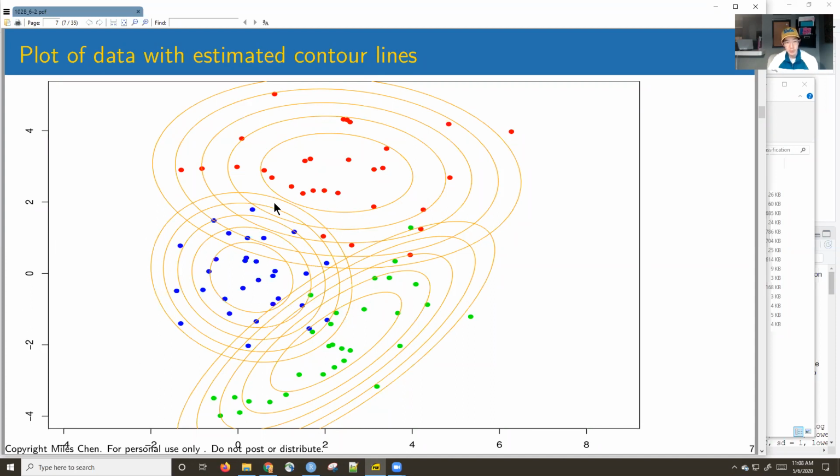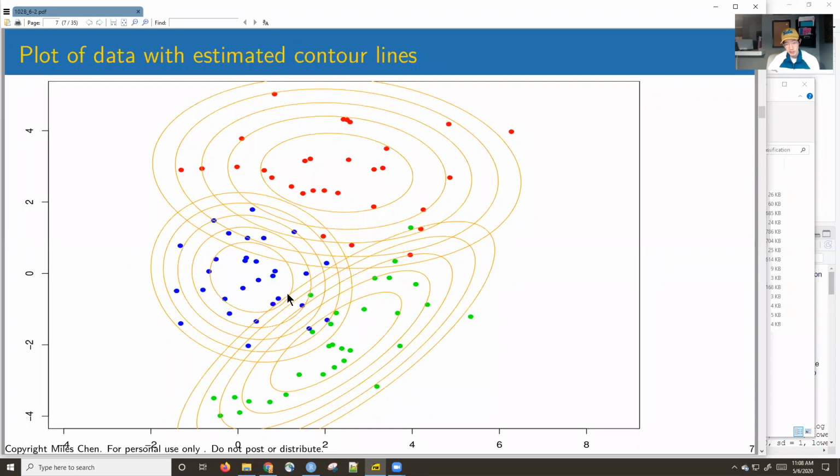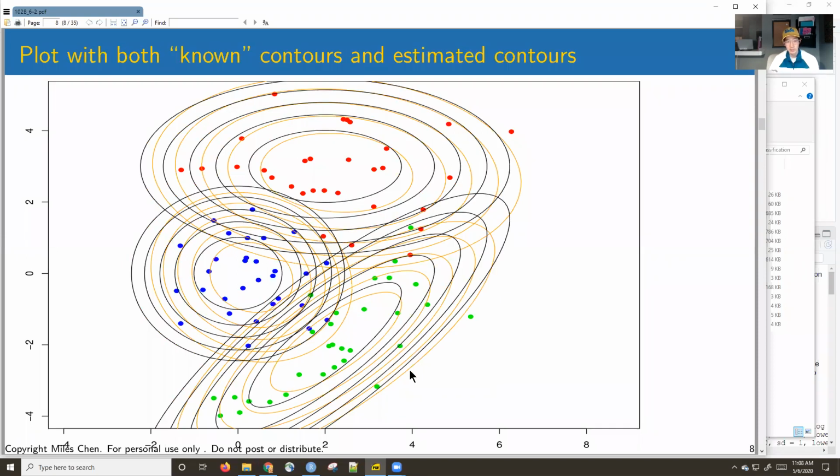If they were independent, then the major and minor axes of the ellipses would be parallel to the axes here, and they're not exactly parallel. They're kind of close for these two, but not quite. For the green dot data, the generating distribution was not parallel, and our estimated density fit is not parallel either.